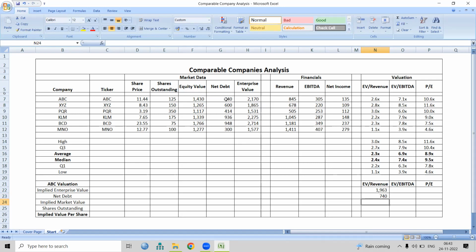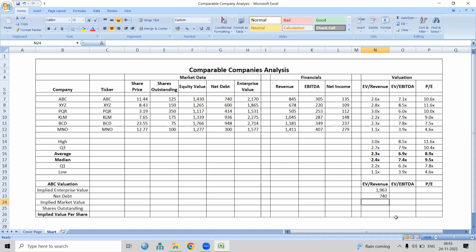Now find out the implied market value. Implied market value is nothing but the implied market value of the equity. How do you find out the market value of equity? Already we have put the equation. If enterprise value is the total of equity and debt, then the equity value is the difference between enterprise value and the net debt.